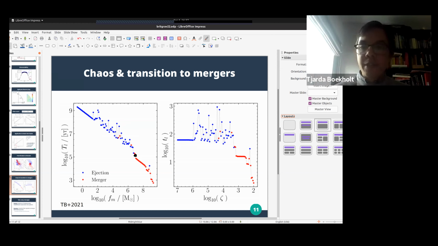And that's when the gravitational wave emission starts to kick in, and you systematically produce mergers, even though there's one blue dot over here, which signifies ejections. And so this plot shows very nicely that below this transition point, you mostly have unstable triples which dissolve into an escaper and a binary, whereas beyond this mass scale, you mostly produce mergers.